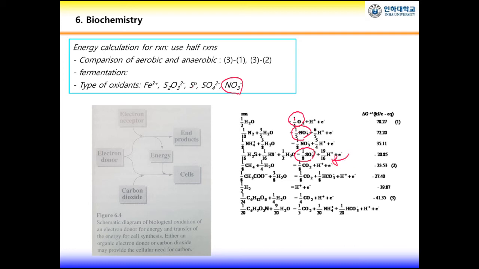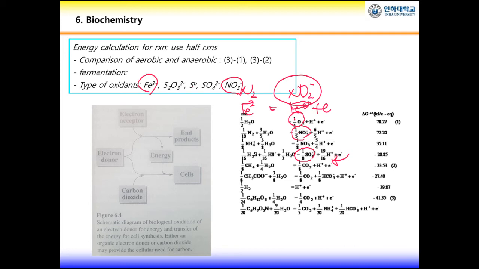One interesting thing is Fe3+ is a pretty good electron acceptor, quite comparable to oxygen. So Fe3+ to Fe2+, or the nitrate to nitrite. Also, this nitrate is a pretty good electron acceptor, although nitrite is not a common compound in the environment.